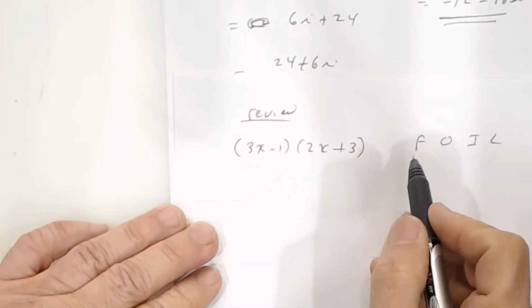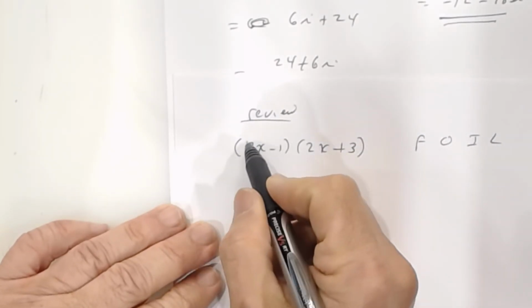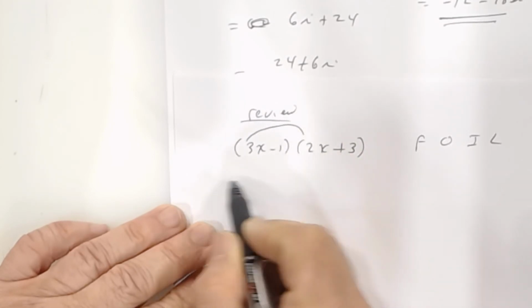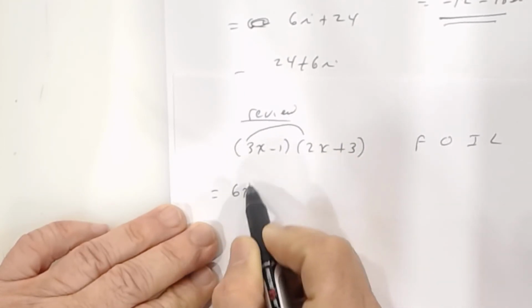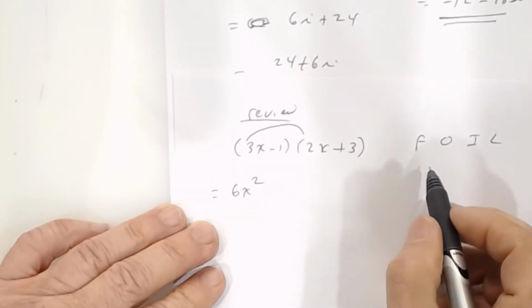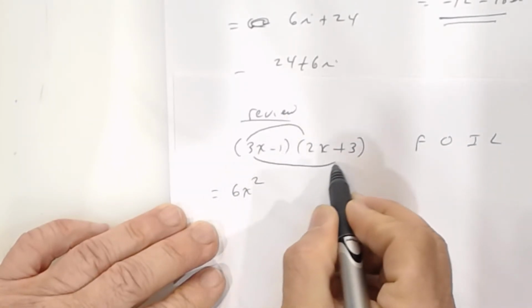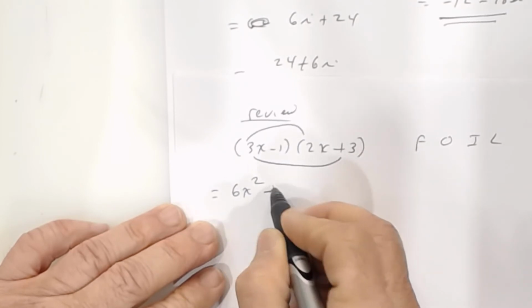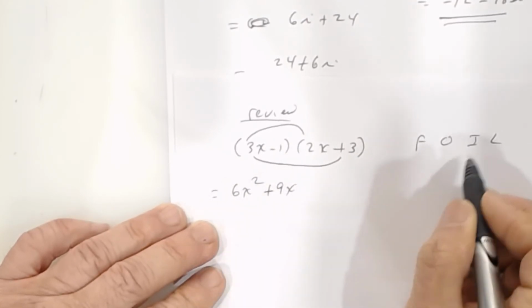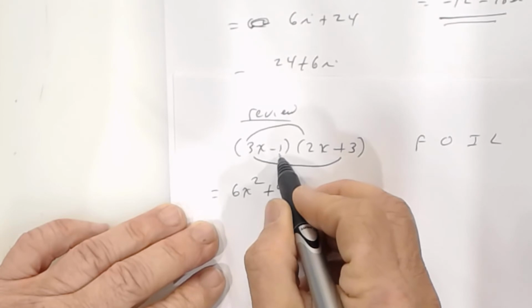Remember, F stands for what word? First. You take the first term of each binomial. What's 3x times 2x? 6x squared. O stands for outer. Those are the outer terms. What's 3x times 3? I stands for inner, the inside terms.